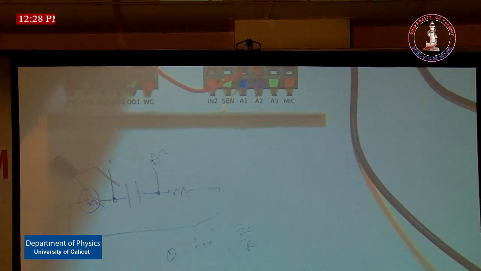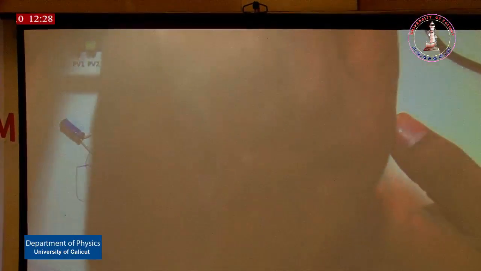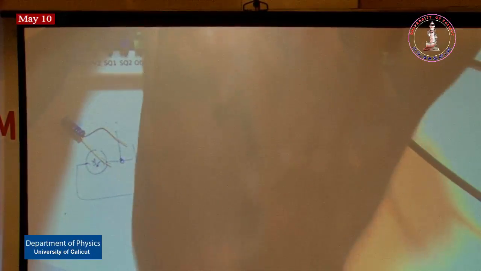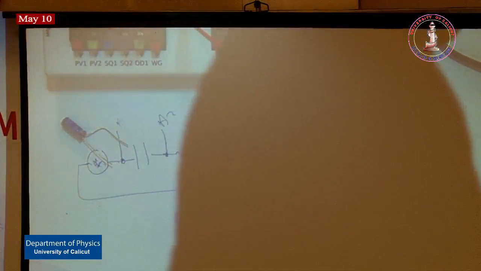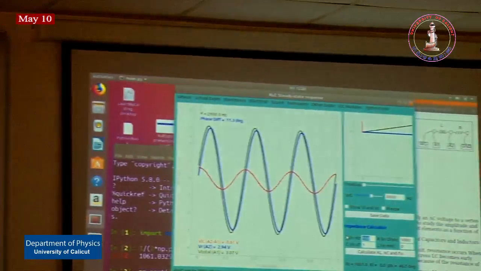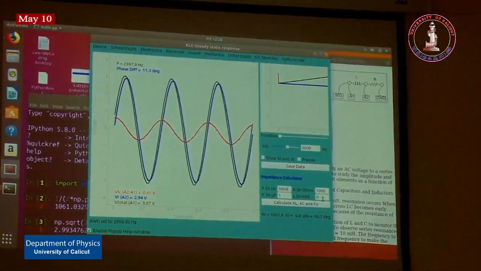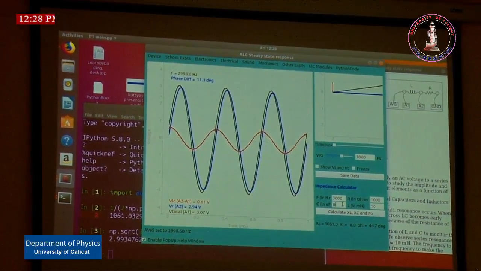10 millihenry inductor, okay? Now find out what the phase shift is. Very small, right? Increase the frequency. The 150 is too low. Make it say 1500 or something. For 1500 you can now calculate how much the 10 millihenry will give. 3000 you have given, 10, and C is 0.